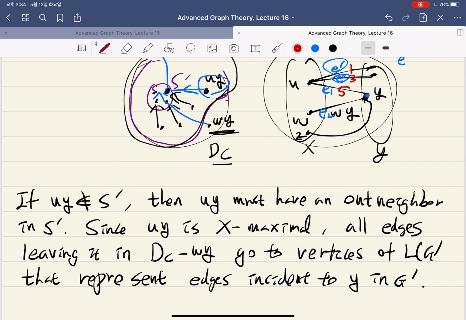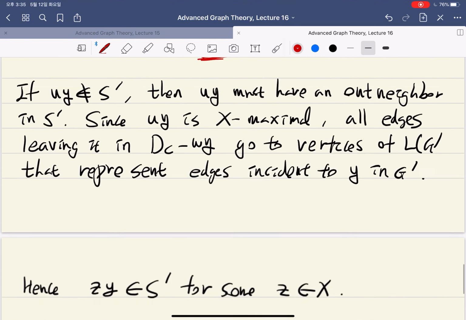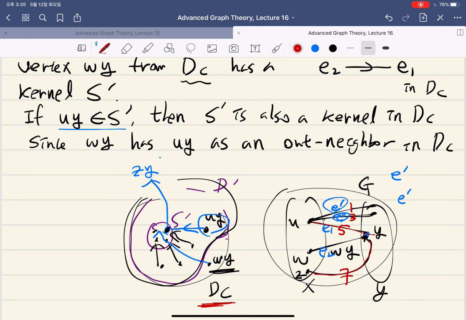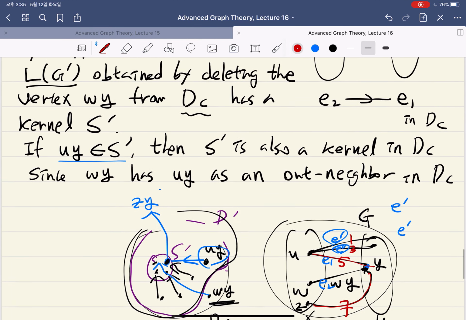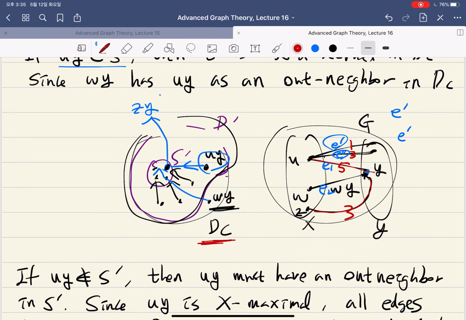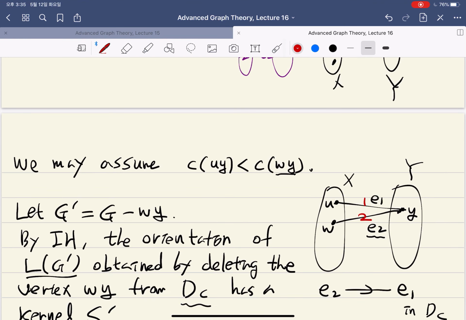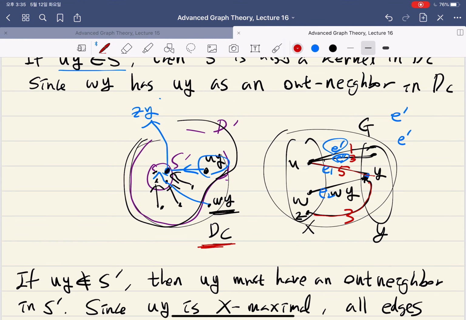Then, what do we know? This E1 sends an edge to this gy. This ui sends an edge to gy in here, meaning that this has value bigger than 5. Sorry, wait. Which one do we say? Okay, smaller than 5. So how we choose was this.